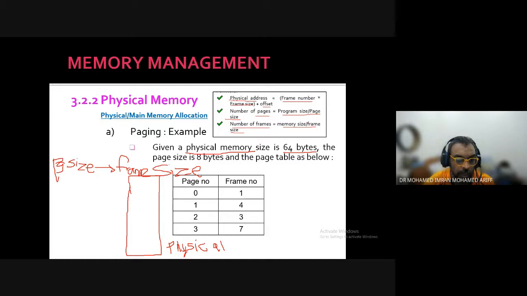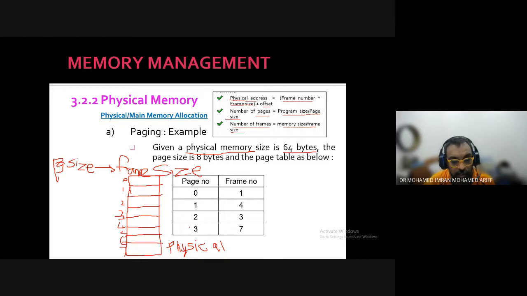Okay, so you will have 8 but start with 0. So 0, 1, 2, 3, 4, 5, 6, 7.